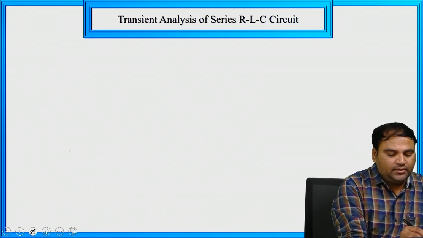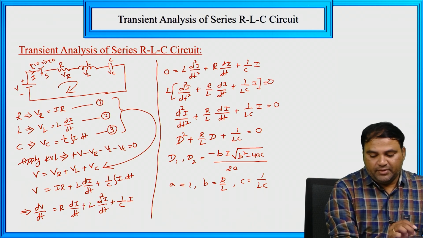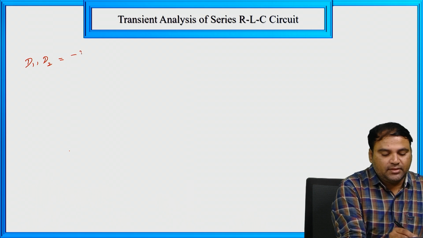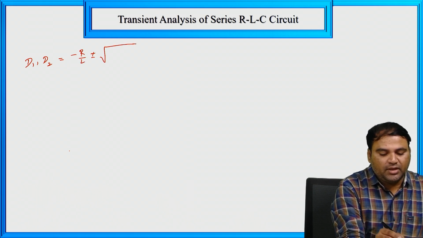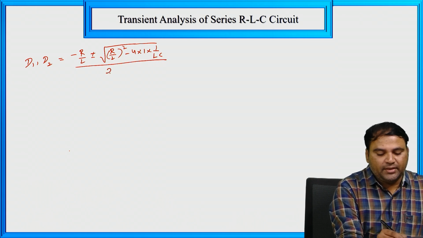So here D1, D2 equal to minus b, and b is R by L. So minus R by L plus or minus under root of R by L whole square minus 4ac, so 4 into 1 by LC, divided by 2 into a, so 2 into 1.